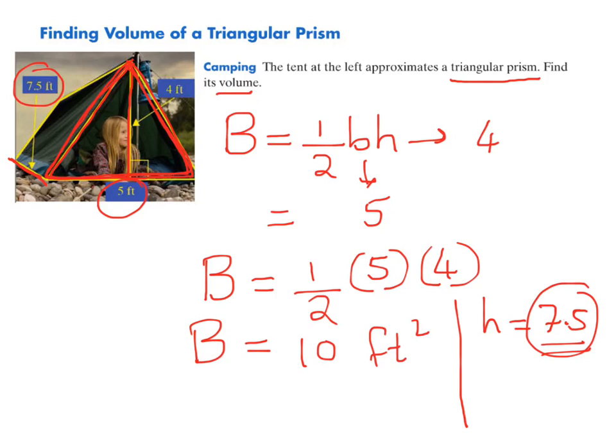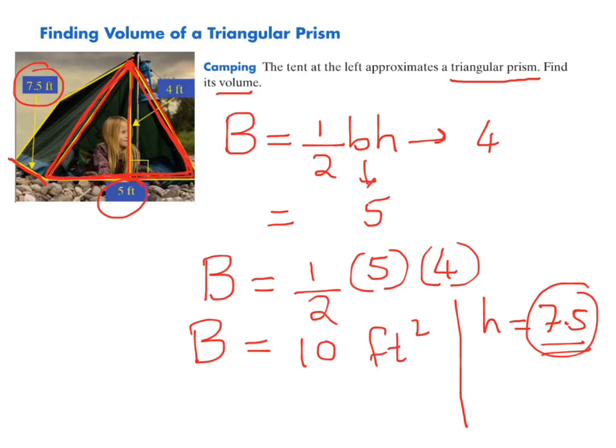Now we can find the volume of the prism. The volume of the prism is area of the base times the height of the prism. What was the area of the base which we found out? It was 10.